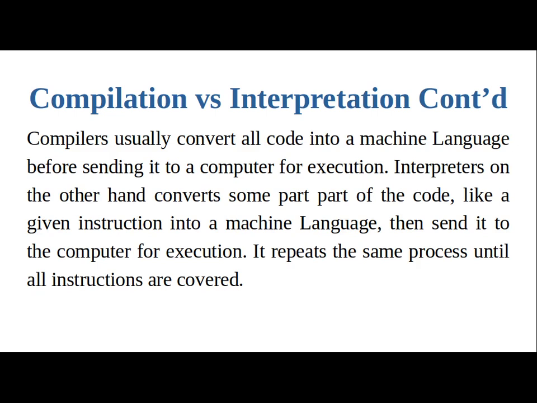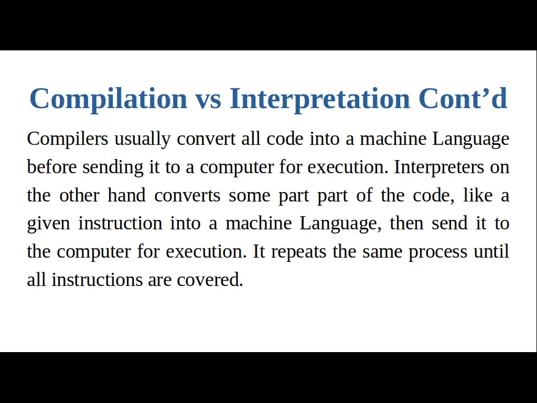Interpretation, on the other hand, converts only some part of the code. It does not convert all the code at once. It takes some lines of instructions, converts them into machine language, then sends them to the computer for execution. It keeps repeating this same process until all instructions are covered.